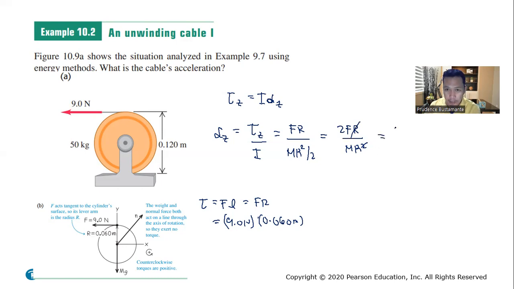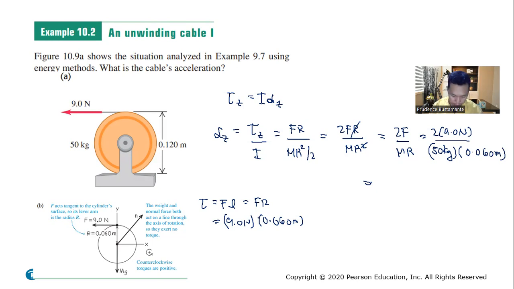So we have 2F over MR. Here we have 2 times 9.0 Newton over the 50 kilograms, so 50 kilograms weight, multiplied by R, which is 0.06 meter.